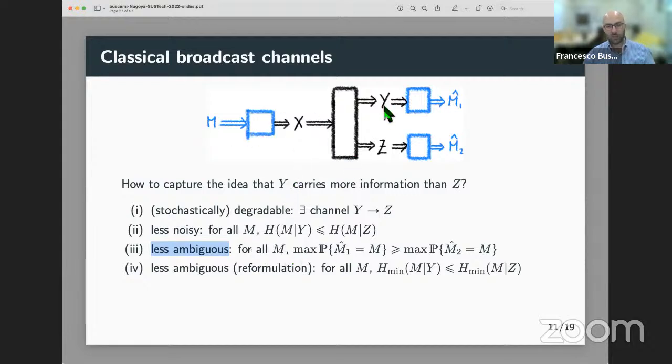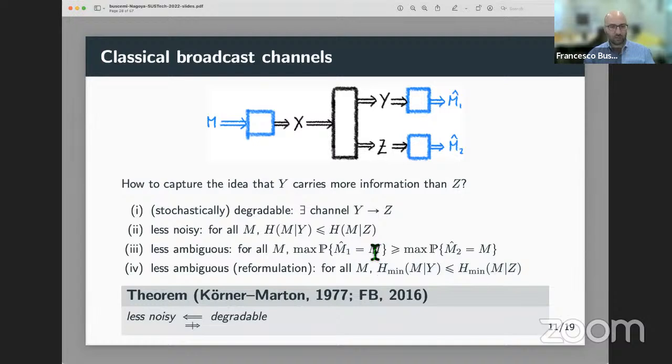And then you say that Y is less ambiguous than Z if the optimal probability of correctly decoding M from Y is greater than or equal to the optimal probability of correctly decoding M from Z. So this is the maximum probability that M1 hat equals M, greater or equal than the maximum probability that M2 hat equals M. And this is really a reformulation of this Körner-Marton ordering, because using min-entropies, you can see that this is exactly a min conditional entropy ordering.